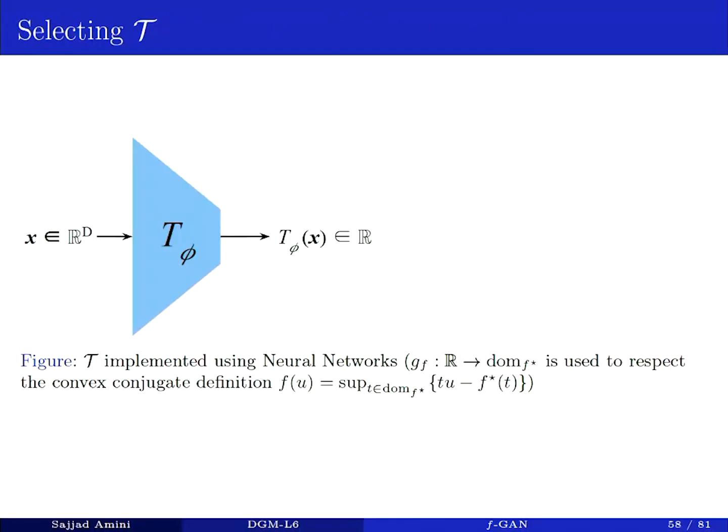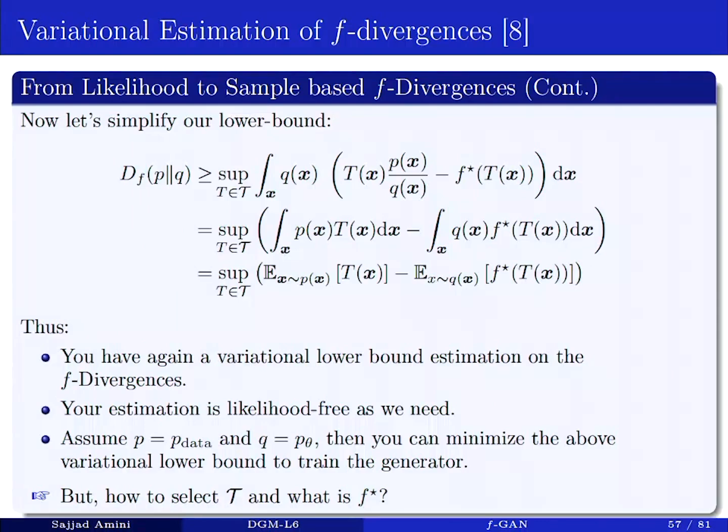Okay, where are we? So now we want to select the family. What is the family that we can select for calligraphic T, and also what is the F star?